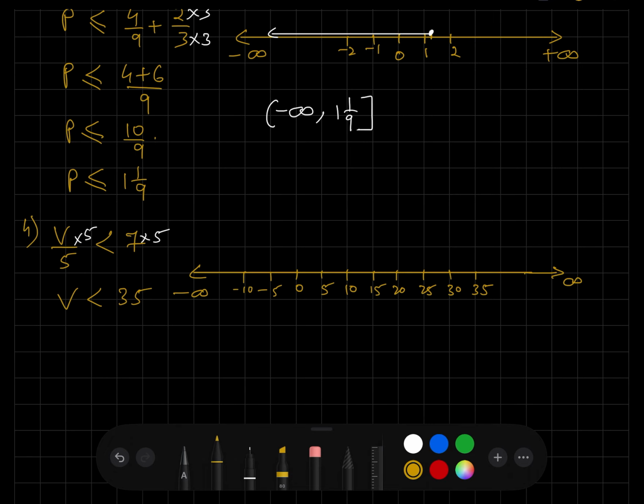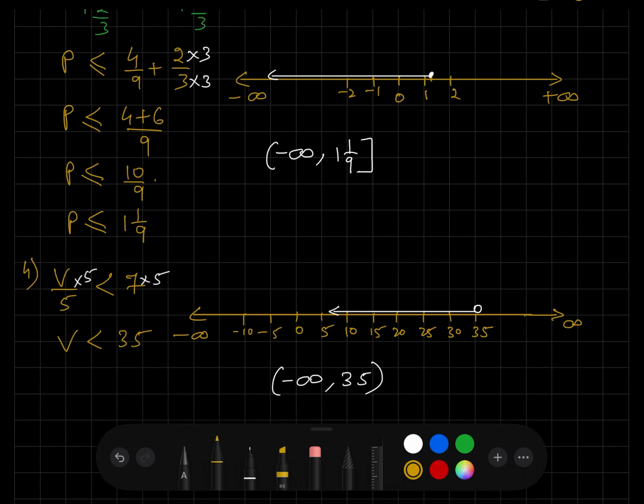It is less than, so here it would be a hollow circle, and towards the left-hand side the numbers are decreasing, so I will write it like this. So I can say my v solution set is negative infinity to 35, but it would be open, because 35 is not included.